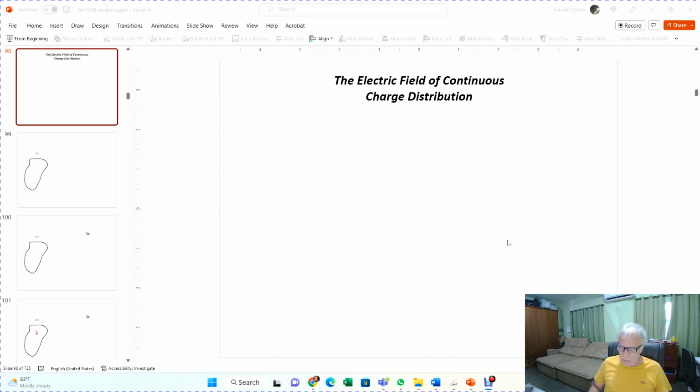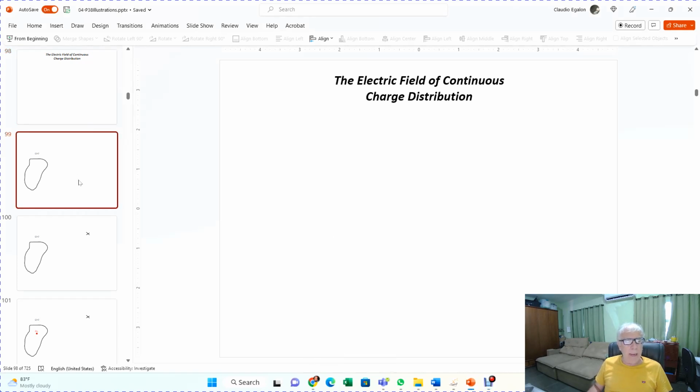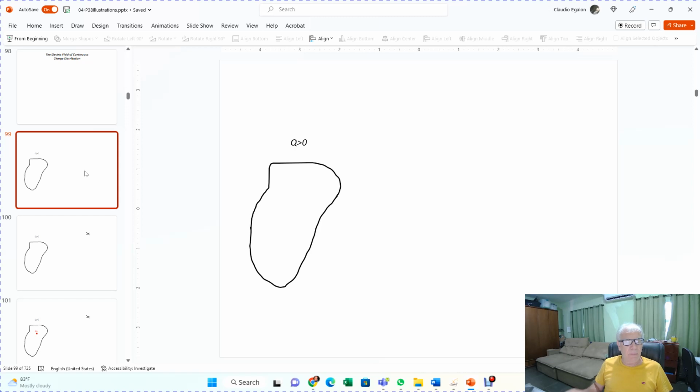Okay, so the generic way of presenting this problem is considering the most arbitrary distribution of electric charges. Let us say we have a positive charge distribution. It's not a point charge.